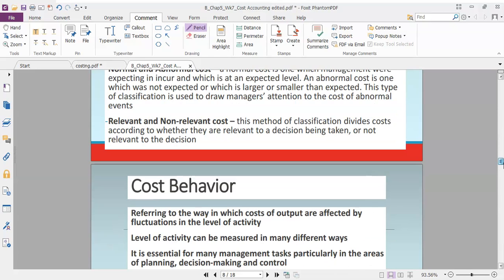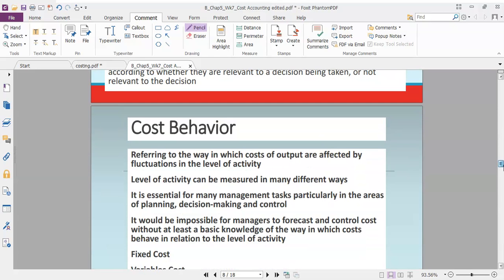What is it? Cost behavior refers to the way in which costs of output are affected by fluctuations in the level of activity. We want to see whether the cost will change or not based on the level of activity. That is cost behavior.